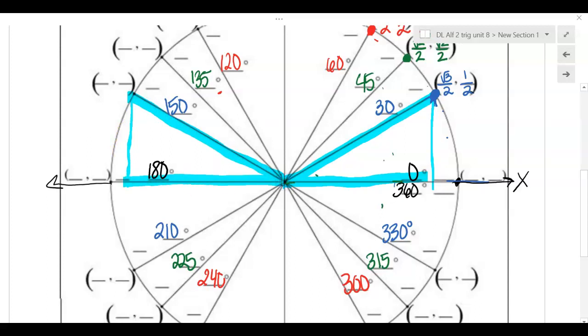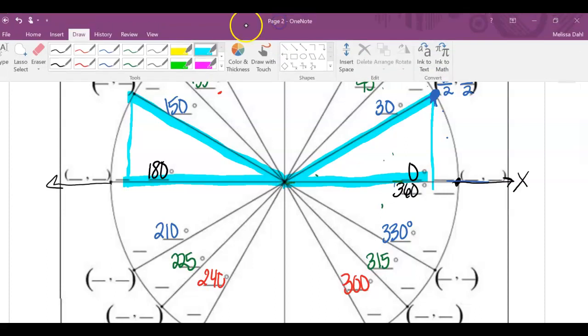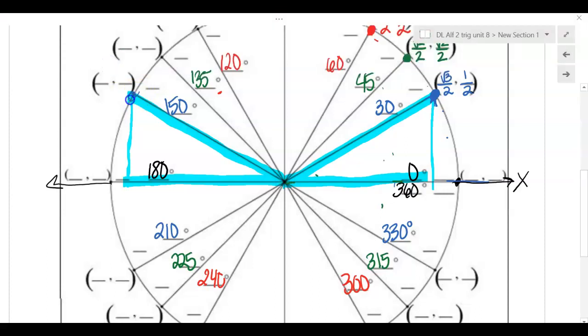Meaning, to get to these coordinates right here, I have the same horizontal distance that I had on the other side, which means rad 3/2 as an x. And I have the same vertical distance, which means 1/2 as a y.